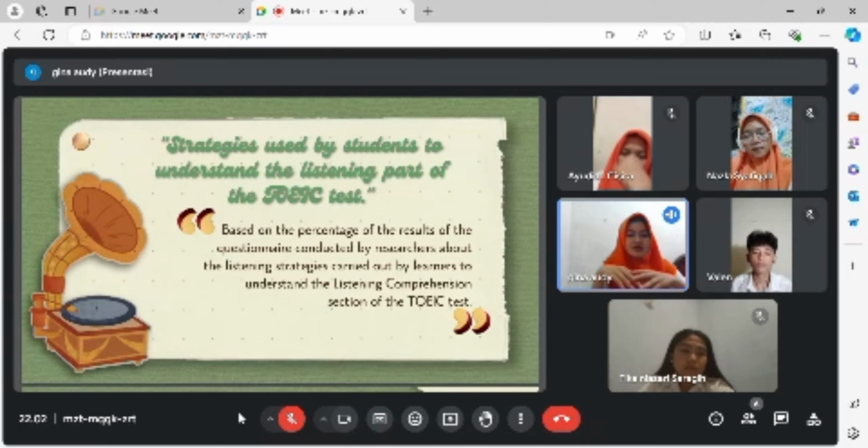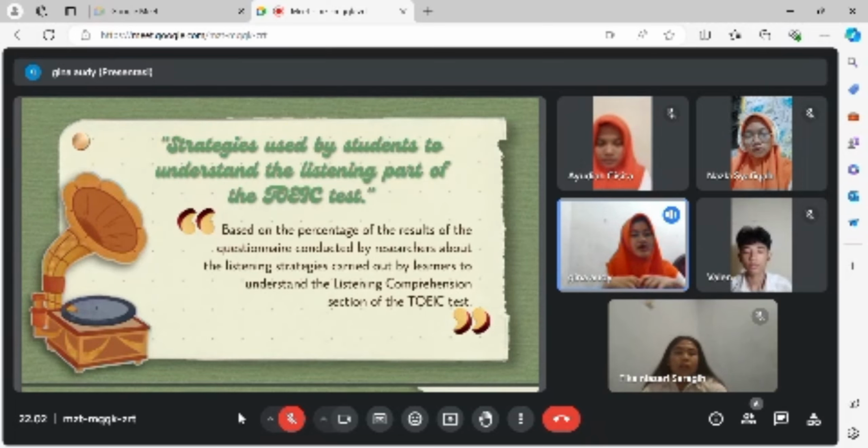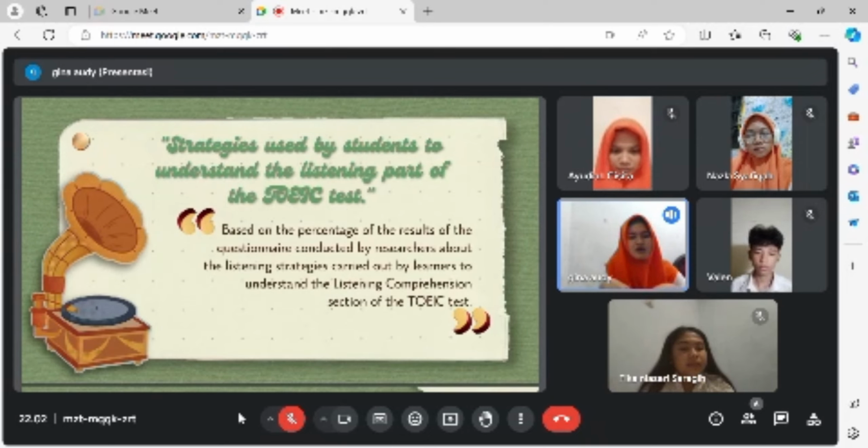Using the metacognitive method can help avoid listening issues on the TOEIC test. This requires being aware of what one knows and does not know while listening. Okay, Fika will present extra information.